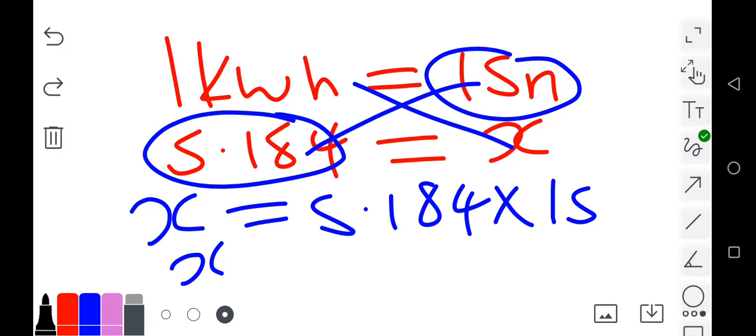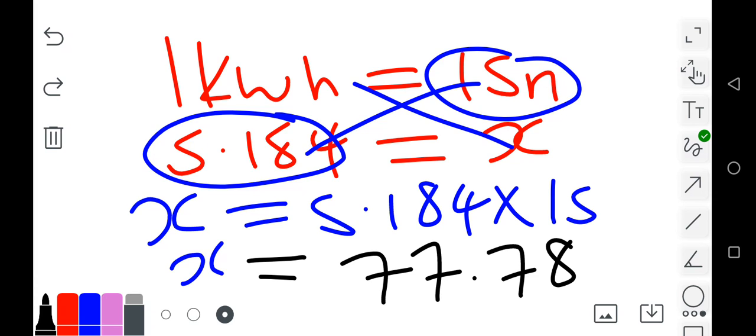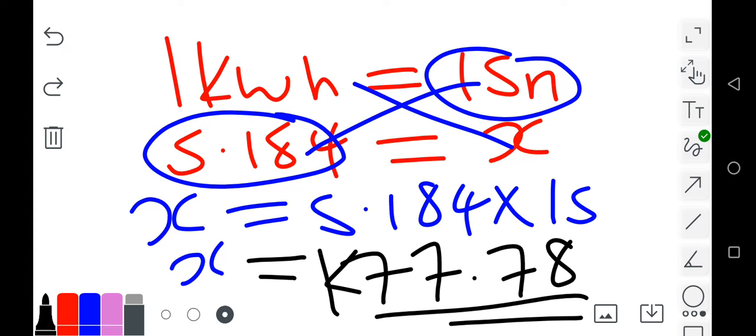Our x equals 77.78 kwacha. So 77 kwacha, 78 ngwe. So that's how you can go about solving this question.